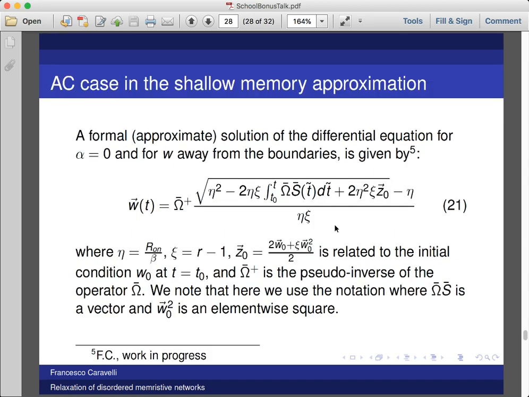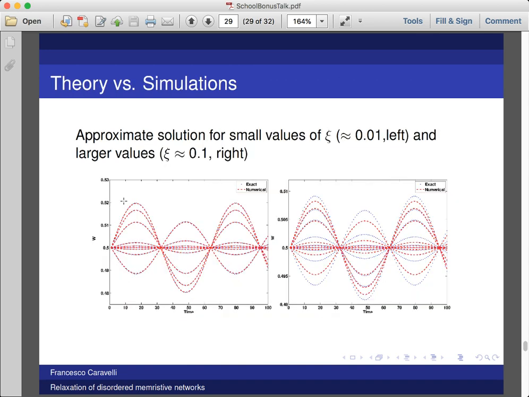Using the equation, in certain cases, you can actually solve the network itself. I'm not going to discuss this. It came out in a paper, and it's describing this equation here, which I'm not going to go through. But by an exact equation, you can solve the network behavior of all memristors in this case, and you can look within the limit of approximation at whether you're reproducing certain behavior.